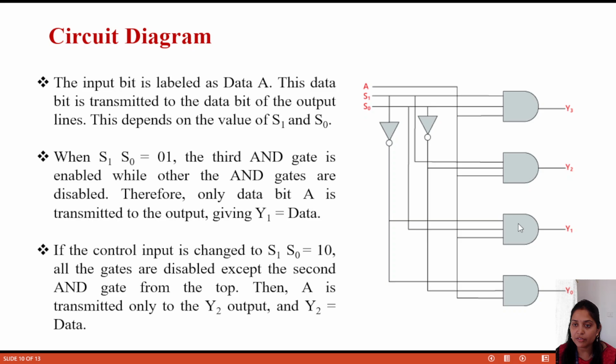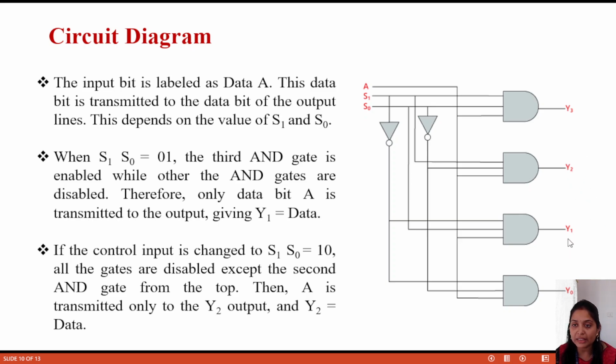If you concentrate on all these AND gates, you can see only this AND gate has all inputs high. But if you see the other AND gates, any one of the inputs will be 0. So in any other output we will not get any output.